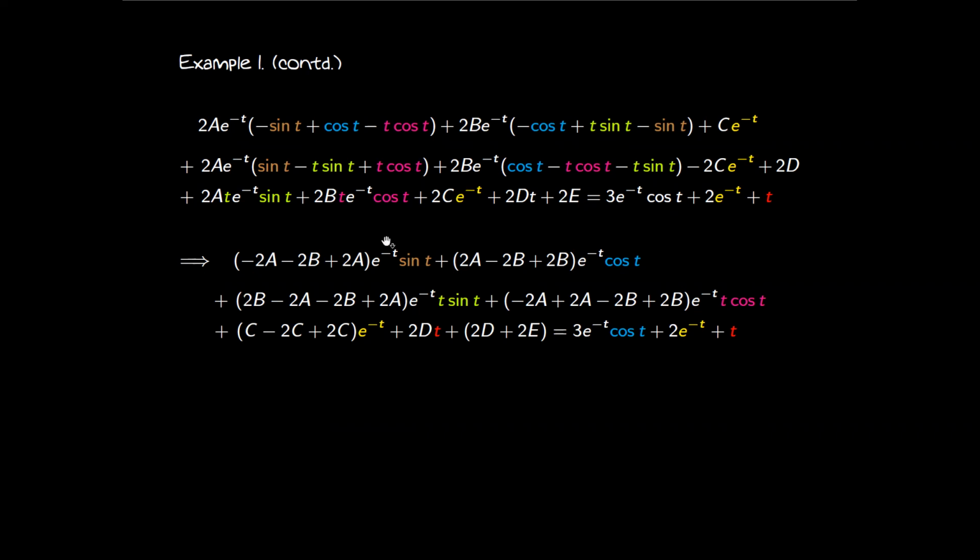Now we can further simplify this equation by combining the coefficients. And you can see a lot of cancellations here, right? So in particular, for these 2 terms, the coefficients are all canceled out. And finally, we're going to end with an equation like this.